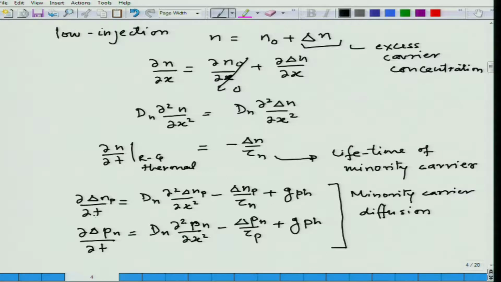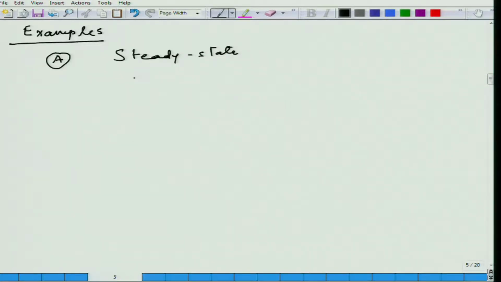The first term here is 0. For a steady state solution this will become 0, and the second term will remain, and that will be d n, second derivative for delta n minus delta n p over tau n.